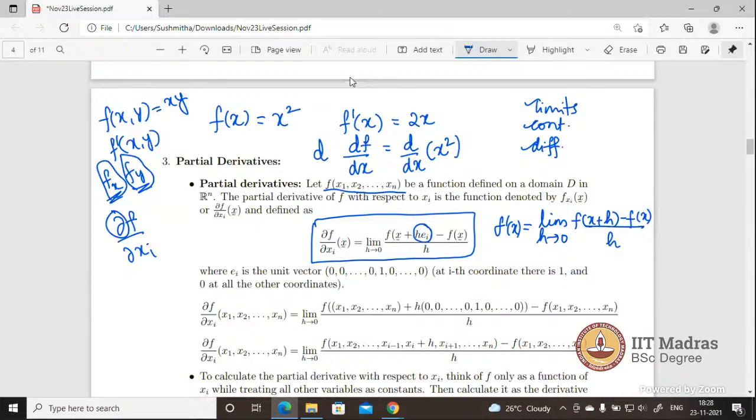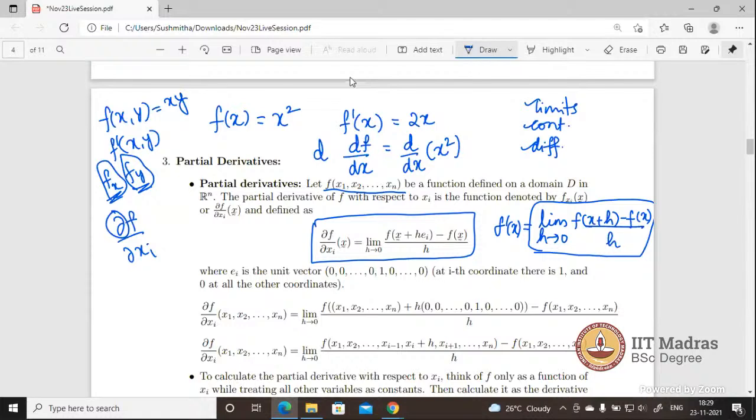Yes, a scalar times a vector. So I'm putting the same definition, just that because f is multivariable, x is replaced by x tilde, and this h is still going to remain a number for me, just that to make it a vector, I'm going to multiply it with ei. So if I multiply with ei, I'm finding the partial derivative with respect to xi.